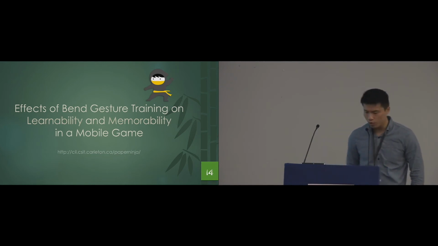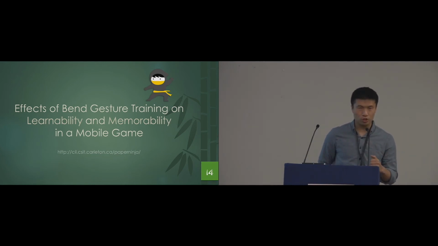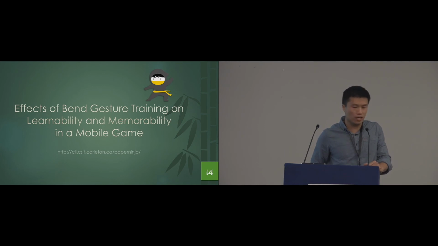Right, so we did not compare the bend gestures with, say, touch or orientation in this particular work, but I think there's something interesting going on when we combine all these things together.